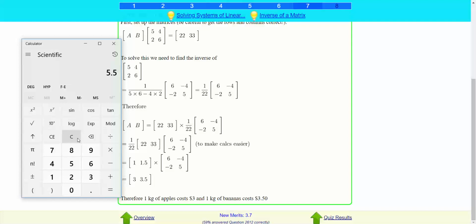So you get 5.5 and 0 for the first one. What is going on? Am I doing something wrong here?